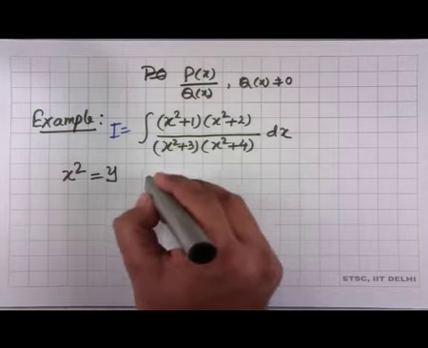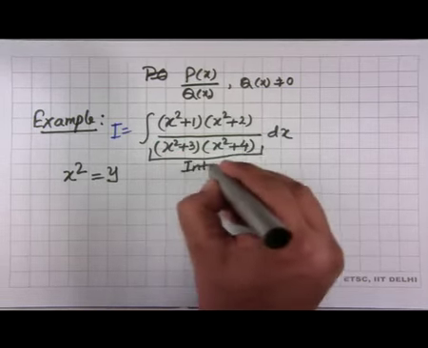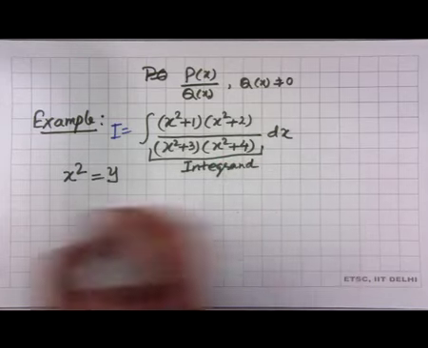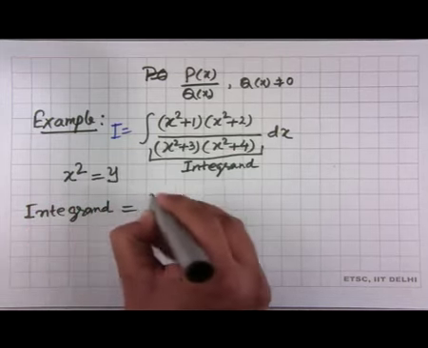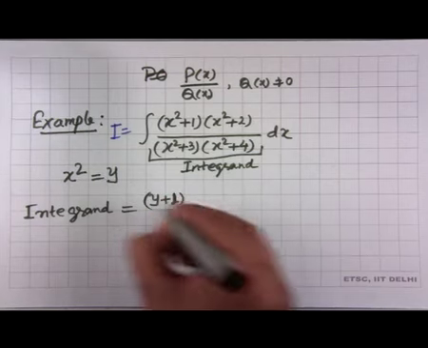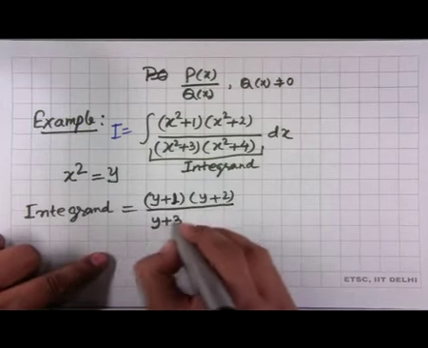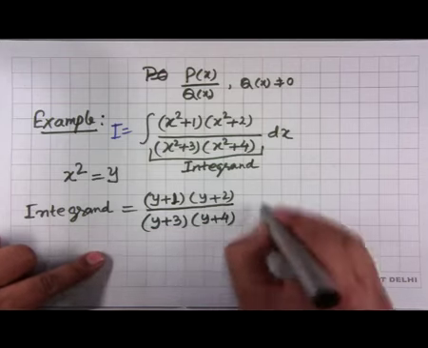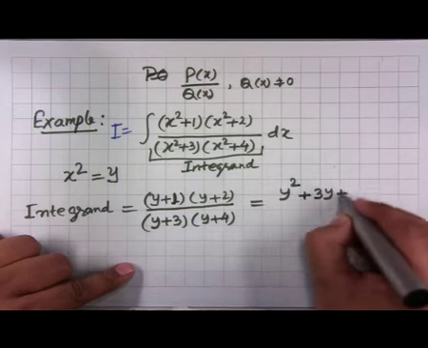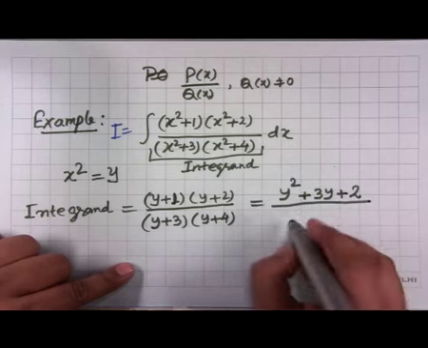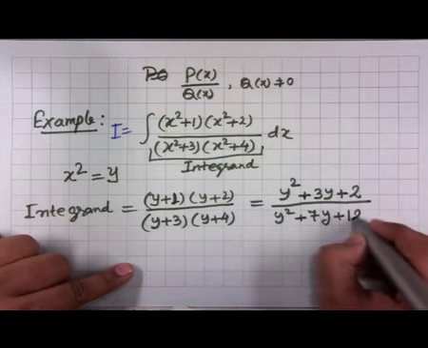So, the integrand becomes y plus 1, y plus 2, over y plus 3 into y plus 4, which makes, if I look at the product, y square plus 3y plus 2 divided by y square plus 7y plus 12.